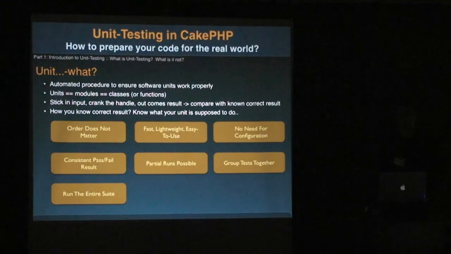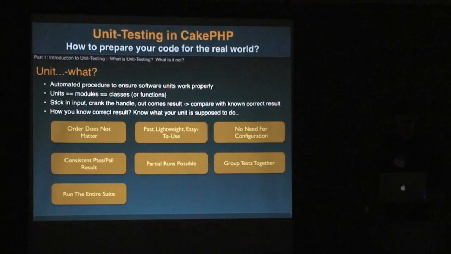So I like running the test suite all the time. And I even wrote a group test that runs the application tests and the Cake core test cases at the same time. So when you SVN up CakePHP, you're always seeing, when you run your application tests, whether there's one test case failing in the core or not.